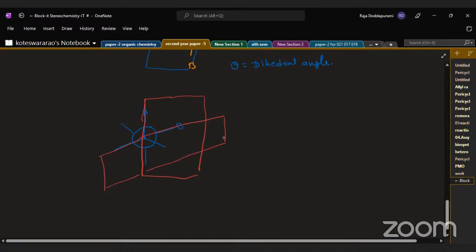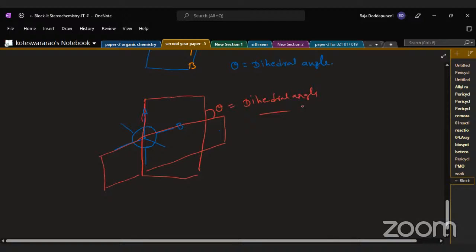This is the second plane. These planes are separated by some degrees of angle. This angle theta is known as the dihedral angle.